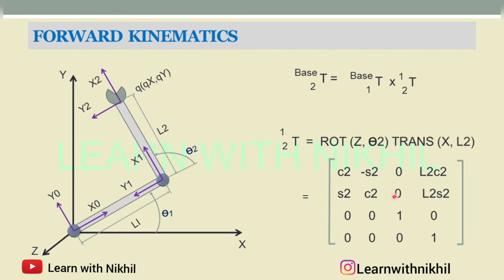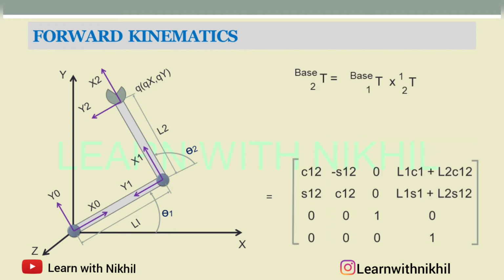So we have got these two 4x4 matrices, and multiplying both, we get the total 4x4 matrix, which is nothing but the transformation of the end effector, that is 2, with respect to the base.